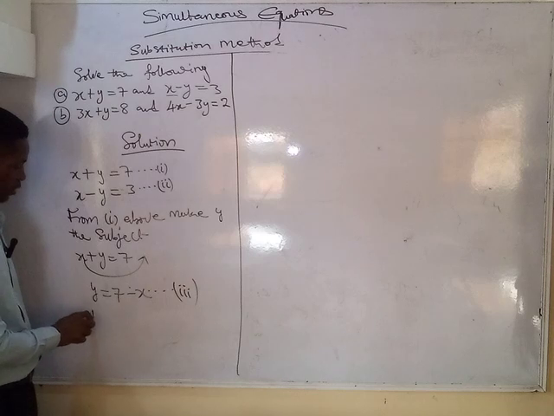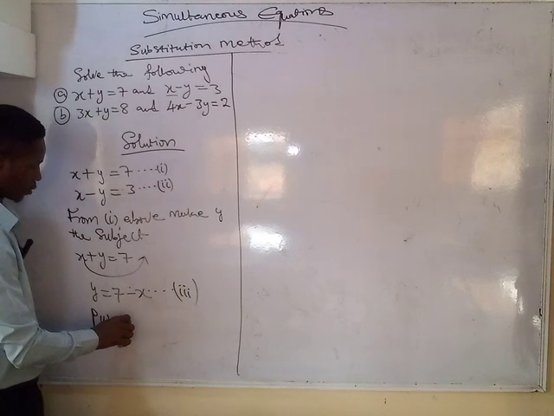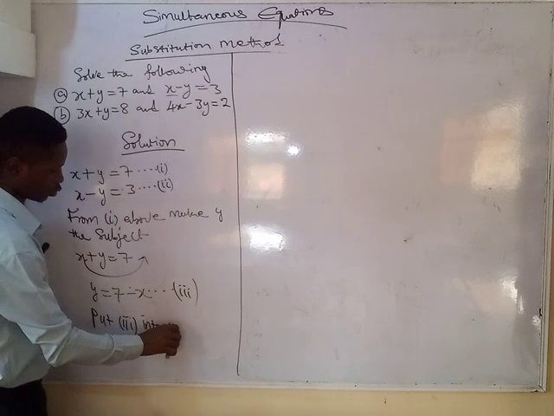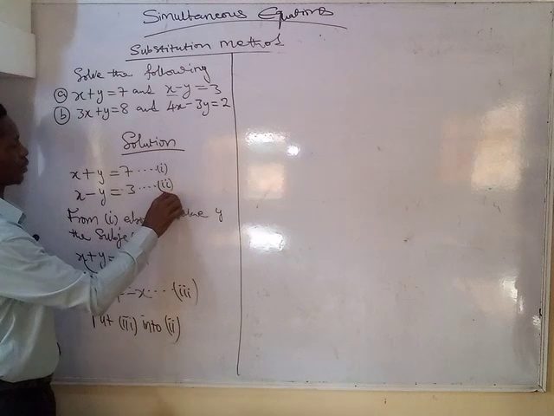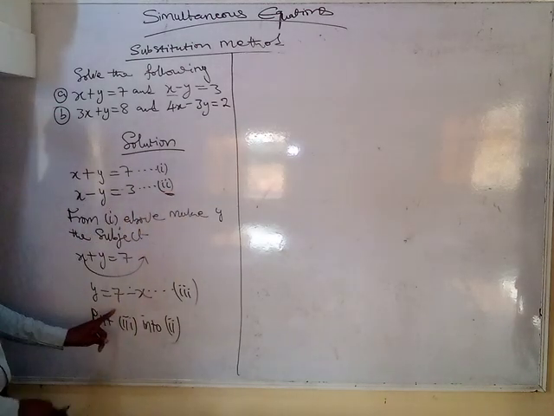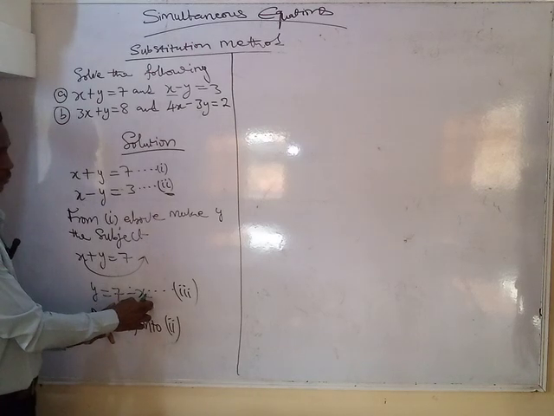So what we say now is put 3 into 2. That is this equation. Anywhere we see y in this equation, we are going to substitute it for 7 minus x.